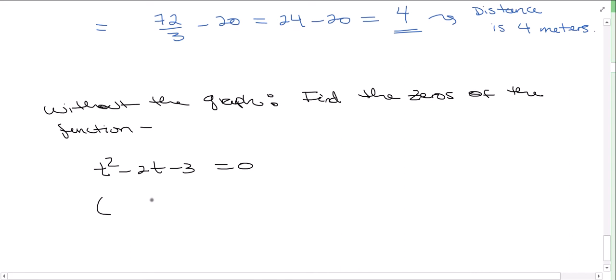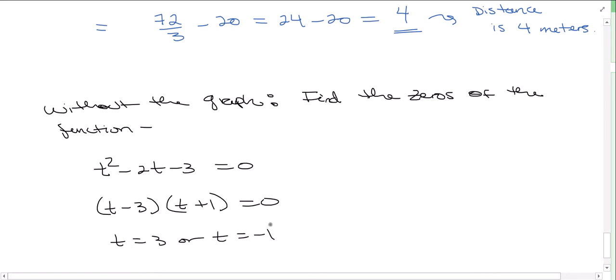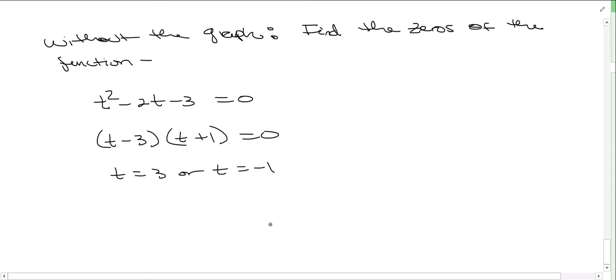So this factors into, let's see, two numbers that multiply to -3 and add up to -2. That will be t minus 3 and t plus 1, which tells us then that t is equal to 3 or t is equal to -1, which we saw on the graph. So that means that the graph crosses at -1 and at 3.